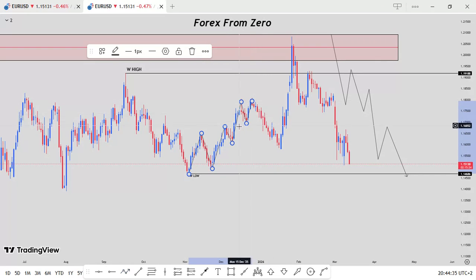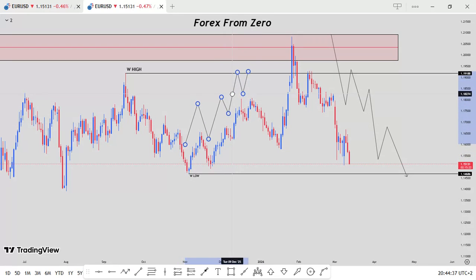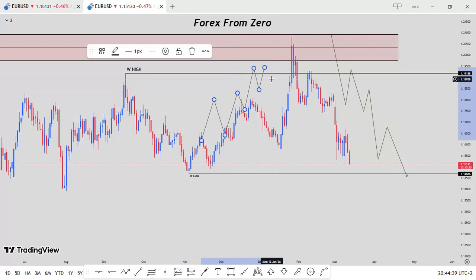So we have the bullish market and also the bearish market. This is what determines the direction of the market. It's either bullish or bearish.